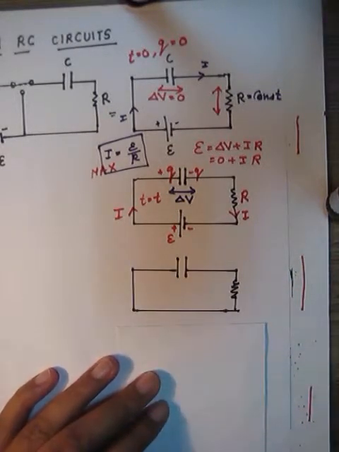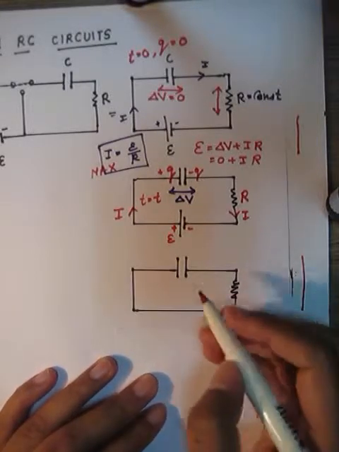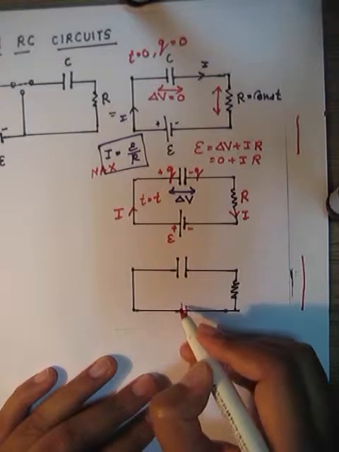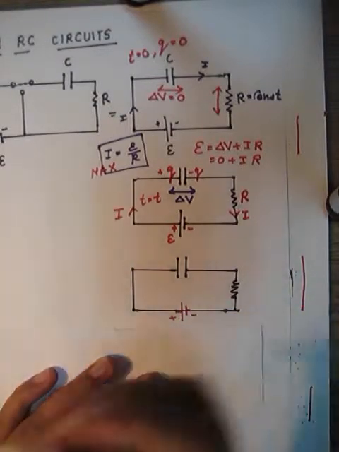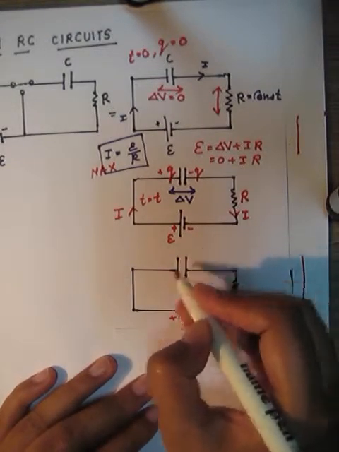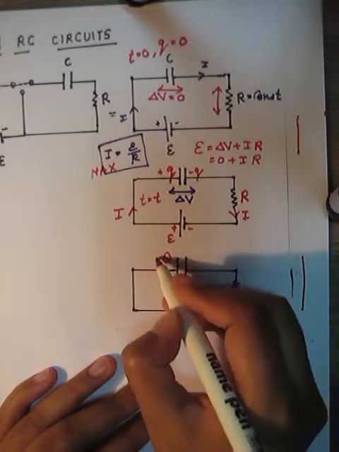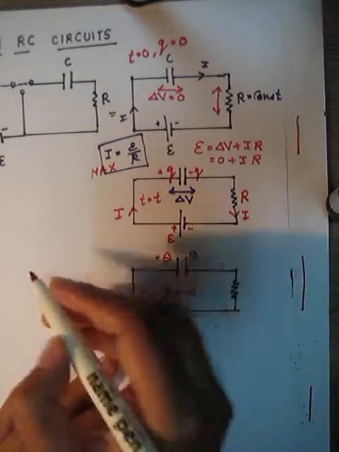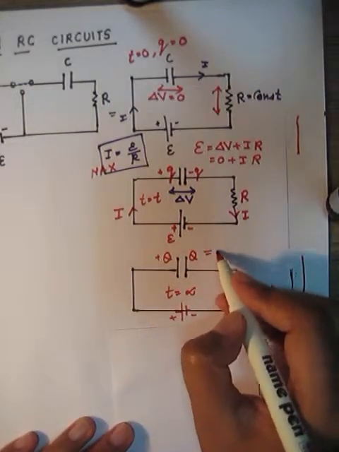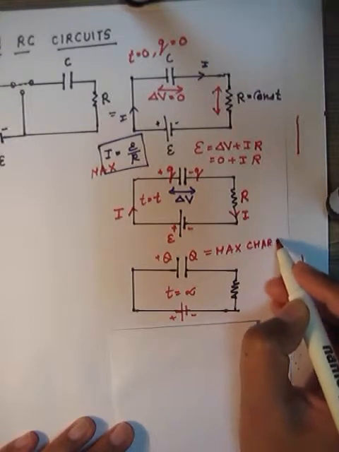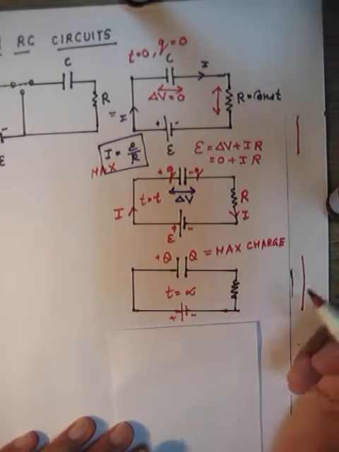Also, let us discuss what will happen at infinite time. I forgot to draw a battery, so here it should be a battery, plus and minus. So at infinite time you will have a charge on this capacitor which will be the maximum charge. Okay.